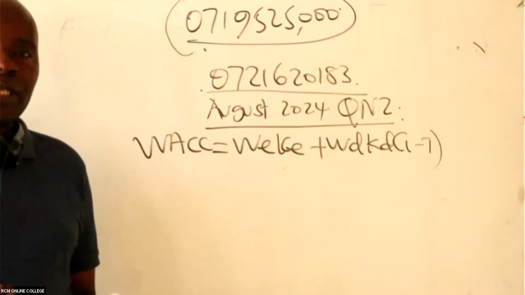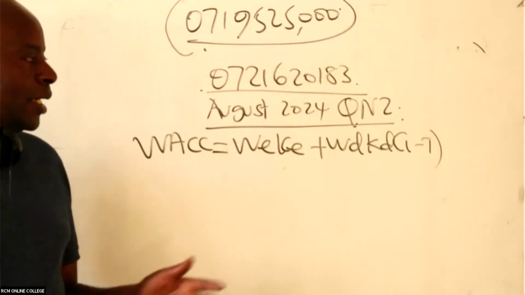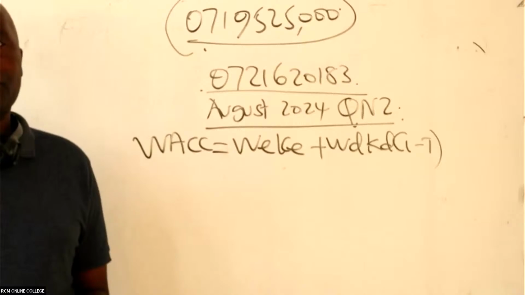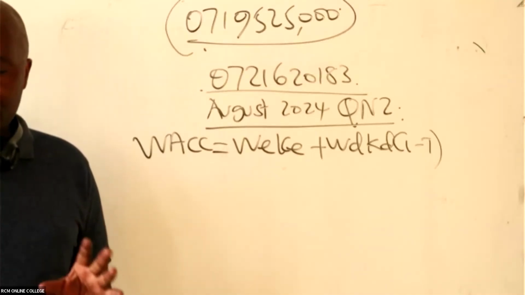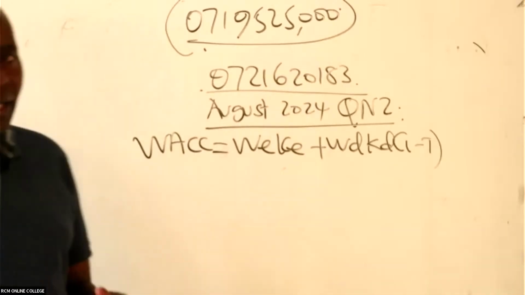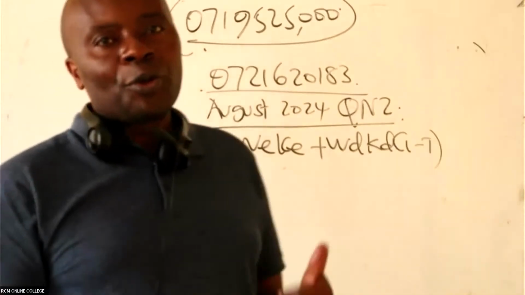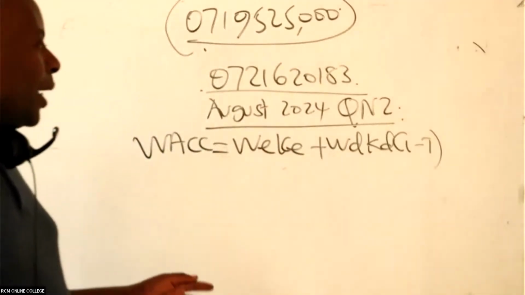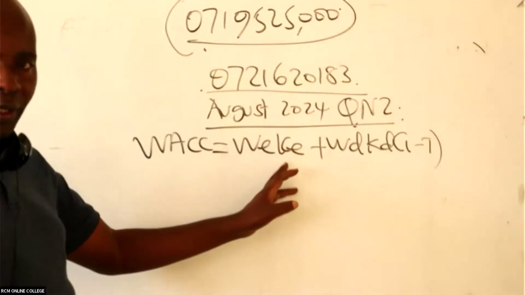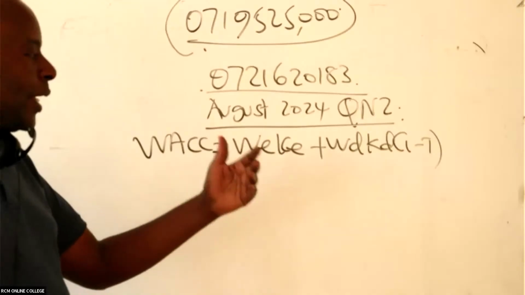We only have equity and debt. A good finance student should know the technical areas. I know I've been given everything except the cost of equity. How do I get the cost of equity?